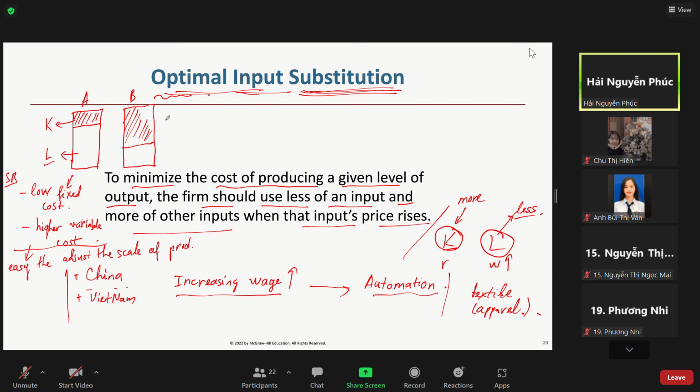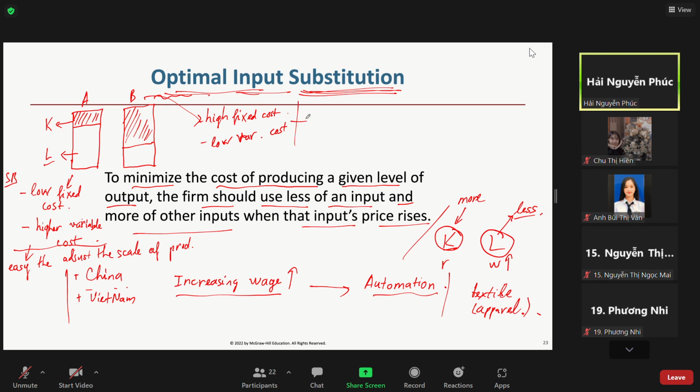For a company like company B, you can see that they have quite high fixed cost and quite low variable cost.